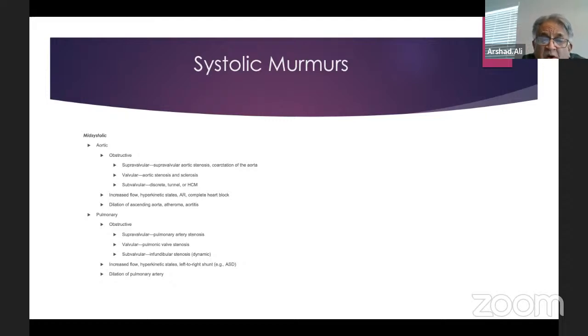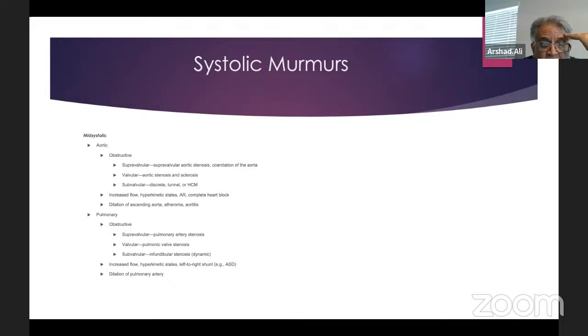Complete heart block can do that because during the widened RR period, there is increased ejection of blood. Dilatation of the aorta, certain aortic inflammatory conditions, and a significant atheroma can cause enough turbulence for you to auscultate a murmur.